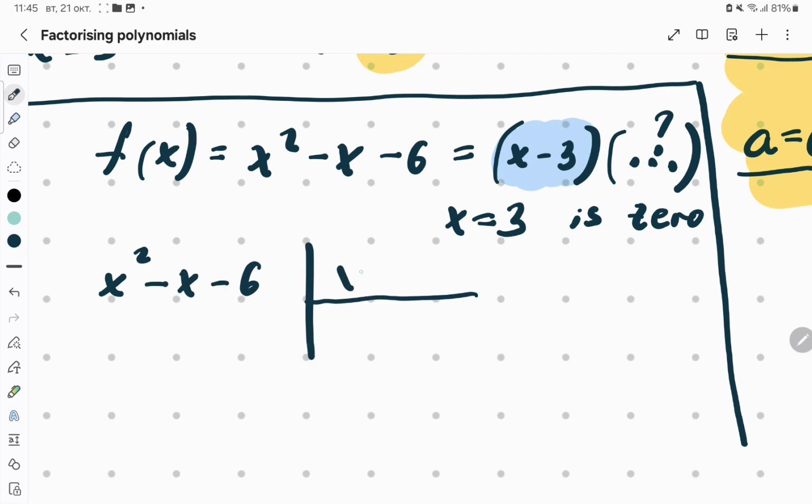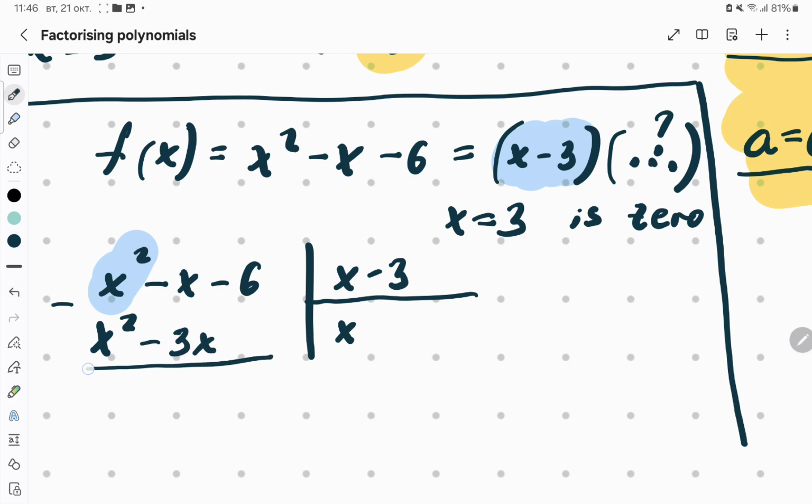We're dividing by x minus 3. Look at the first term, x squared. What do we write here that gives x squared in multiplication with x minus 3? It's x. So x times x is x squared, and x times negative 3 is negative 3x.